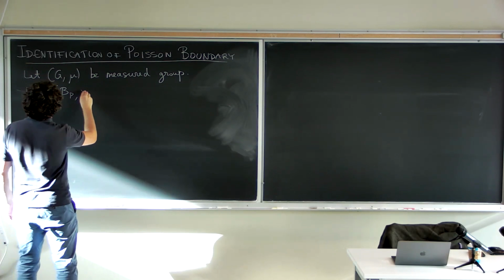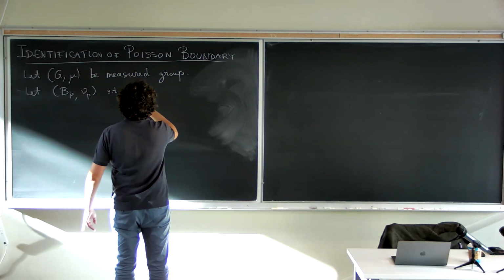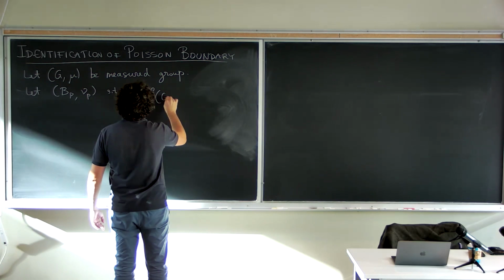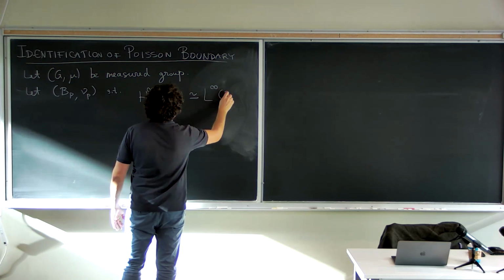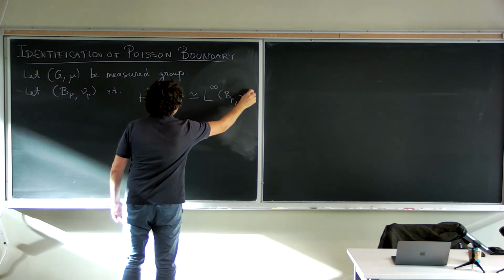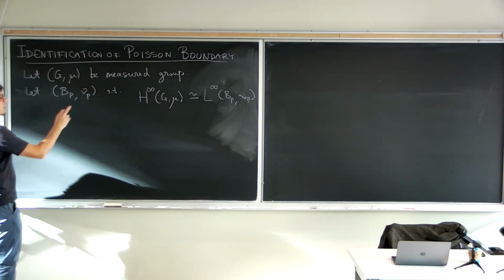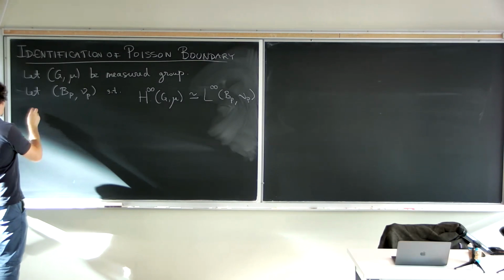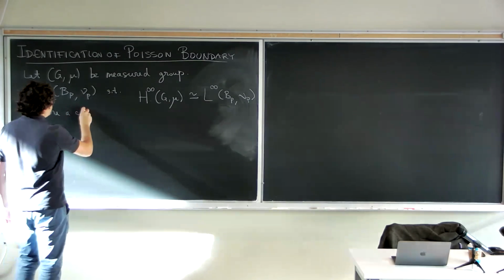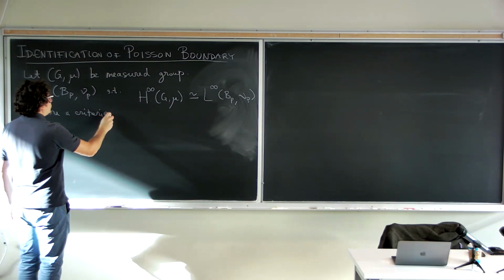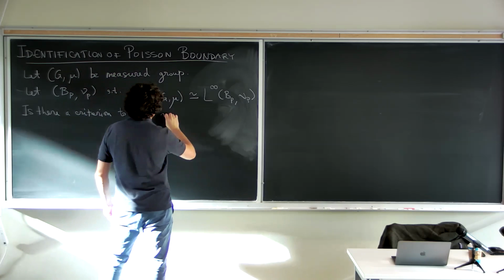such that there is this magic duality between H infinity of (G, mu), which is canonically isomorphic to L infinity of (B_P, nu_P). But now, the first question would be, can we tell, is there a criterion to tell whether the boundary is trivial?